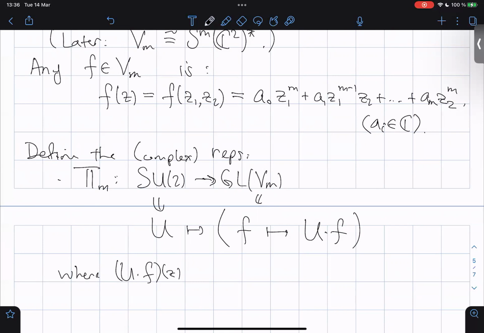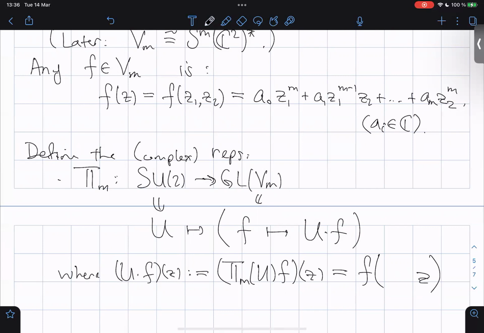By definition, first of all, this U dot is just shorthand notation for all this pi stuff. So I take the input Z, and I'm going to put a U inverse. Does this make sense?